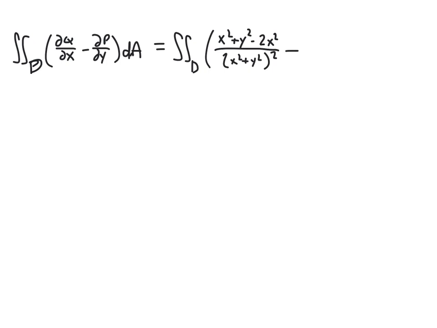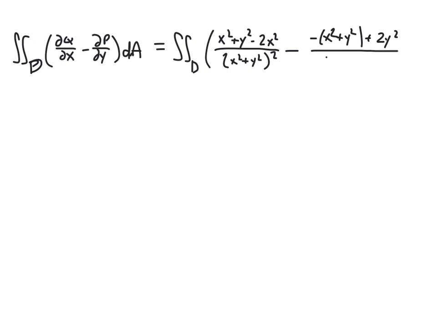And we're going to subtract from that the derivative of p with respect to y. So again, using the quotient rule, we have negative 1 times x squared plus y squared, minus negative y times 2y. So that becomes positive 2y squared.